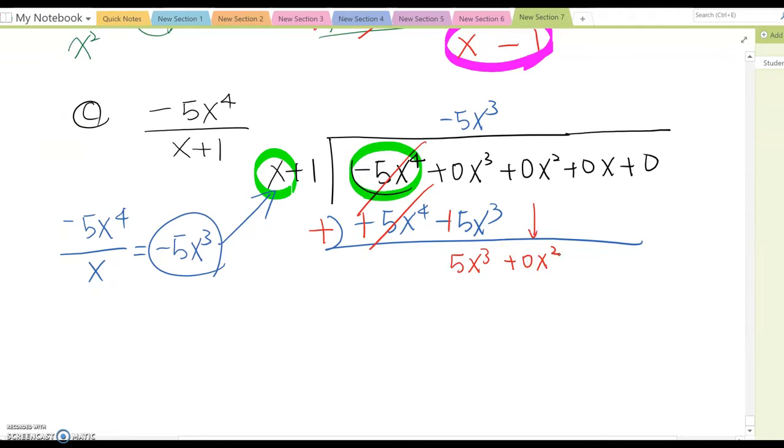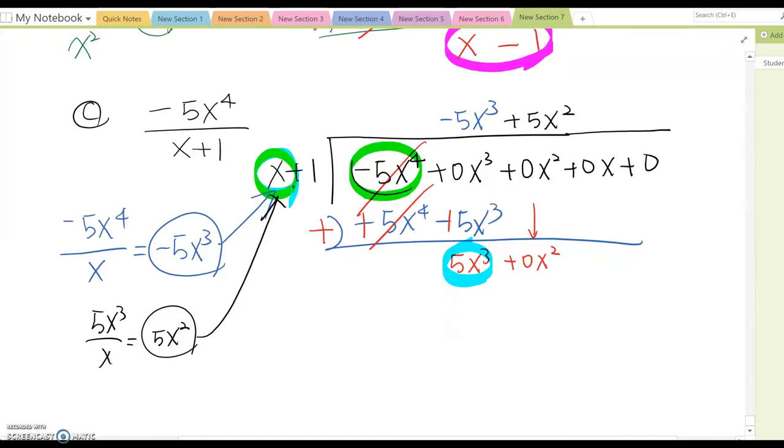Okay, now we compare again the leading term of the dividend and the leading term of the divisor. So it becomes 5x cubed over x, then the quotient becomes 5x squared. So put plus 5x squared, and multiply this quotient with the divisor.